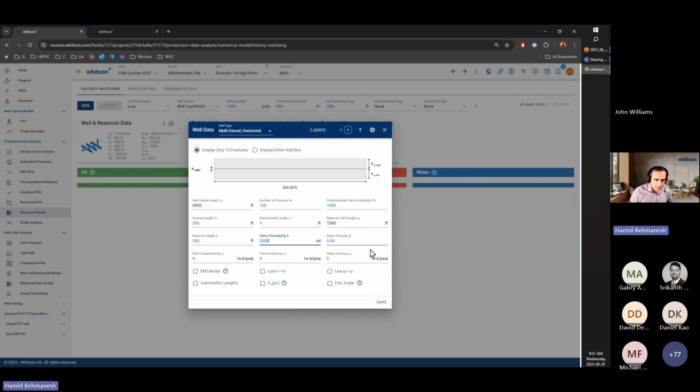So it is 2 micro Darcy, three more zeros, make it 2 milli, right? So this is a 2 milli reservoir right now. If I click save, copy these numbers into your model: it's 2000, 3000, 1500, and 2000. So those are the only 3 parameters I changed on this model.